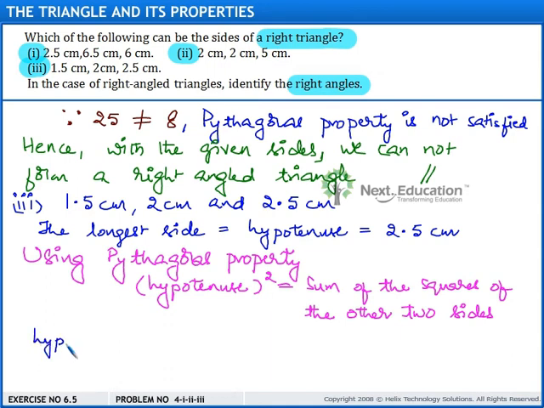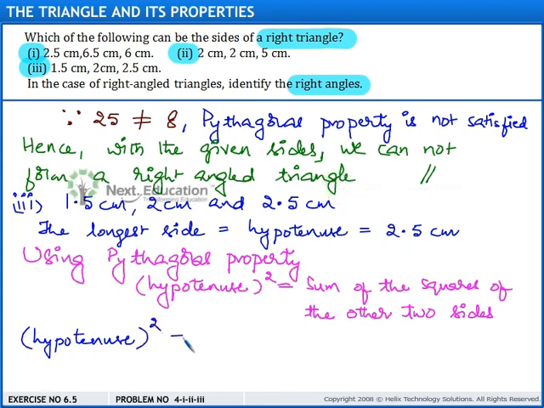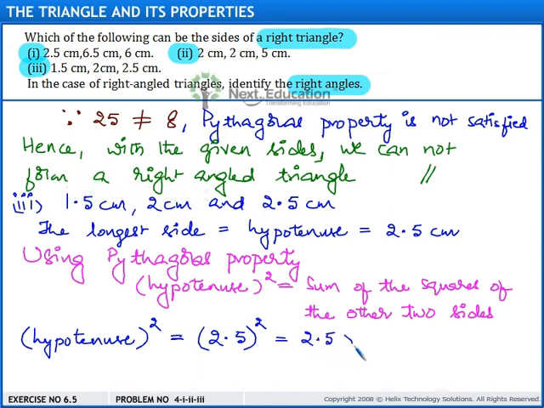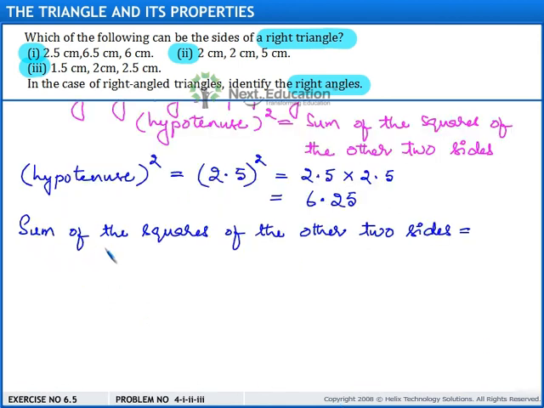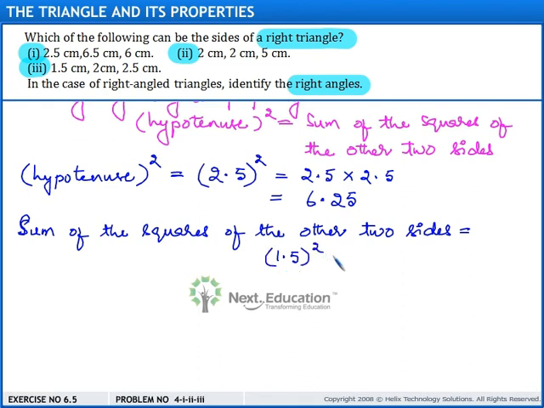The square of the hypotenuse is equal to 2.5 whole square, which can be written as 2.5 into 2.5, and this gives us 6.25. Now, the sum of the squares of the other two sides is equal to 1.5 whole square plus 2 whole square.